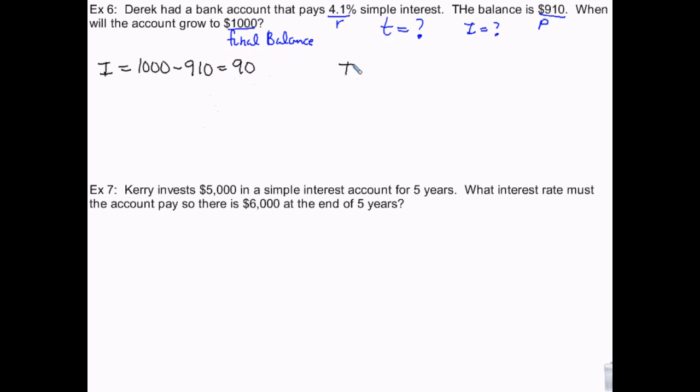So we want I equals PRT, so we need 90, and we have our rate, which is 0.041, our principal, which is 910. We don't know T. So I take 910 times 0.041, and I get 90 is equal to 37.31 T. Divide both sides by 37.31.